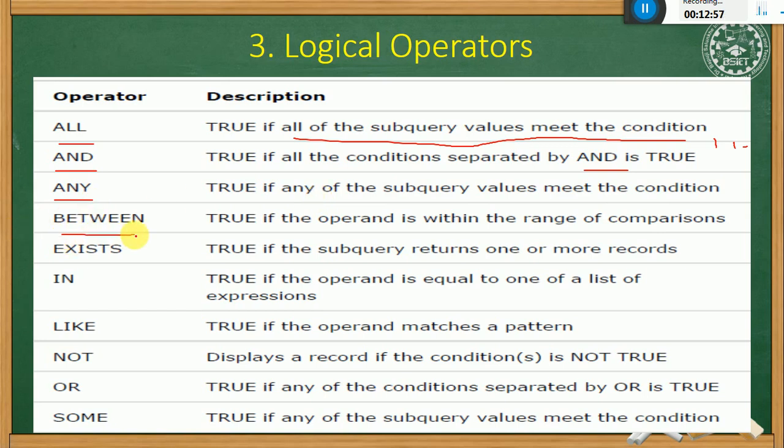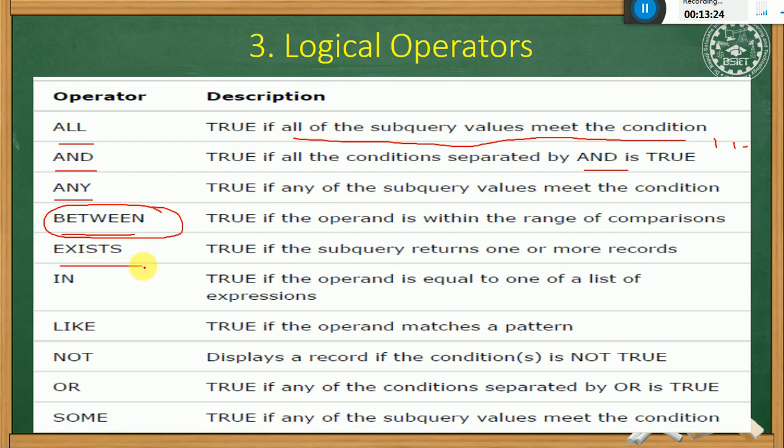Then between is a range specifier operator. So we have a range specification. Between will be used like this: select star from student where roll number between 1 and 10. So it will display all the records of students having roll numbers between 1 to 10.